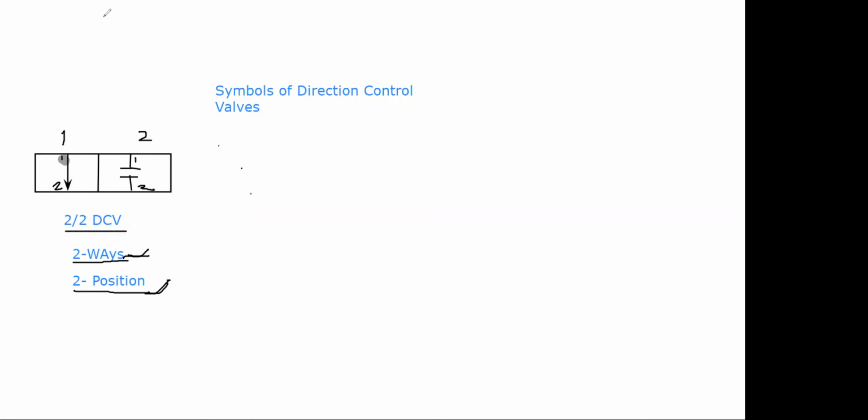Okay. Let's take another example, which is 3-way 2 position. It means the positions in this control valve are 2, but the ways to move in and out are 3 in each position.